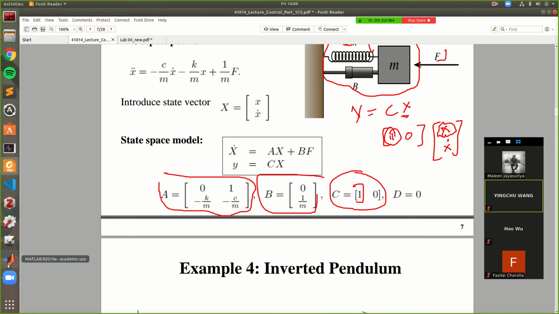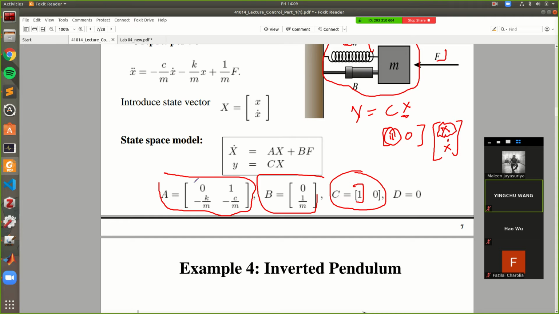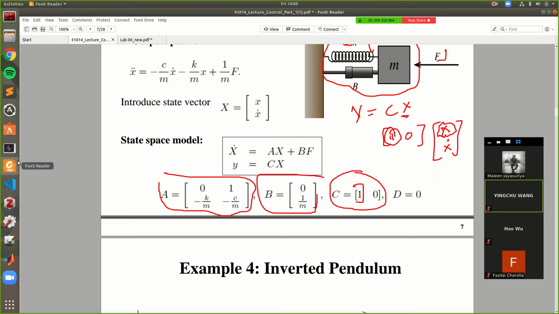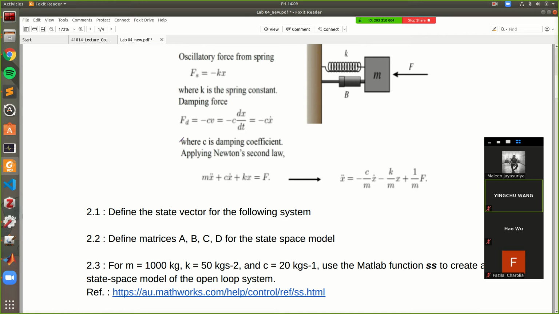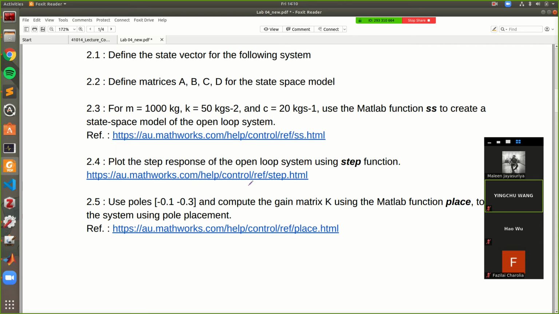So how you would write that out is, they've told you what these parameters are, the K, the M, and the C. In this question, they've said that M is equal to 1000 kilograms, K is 50 kilograms per square second, C is 20, and so on.